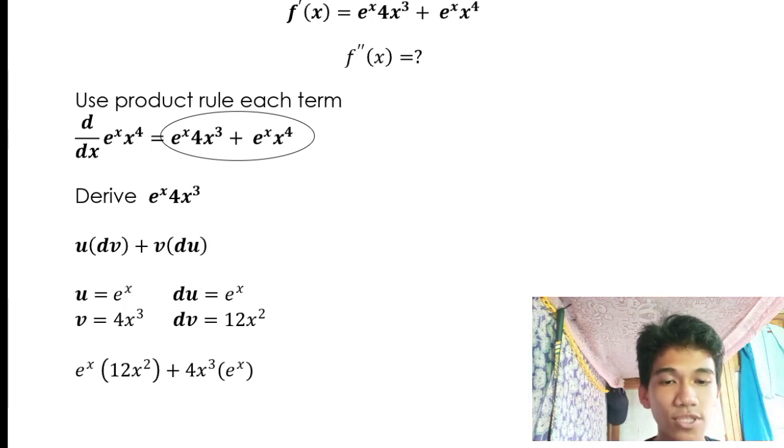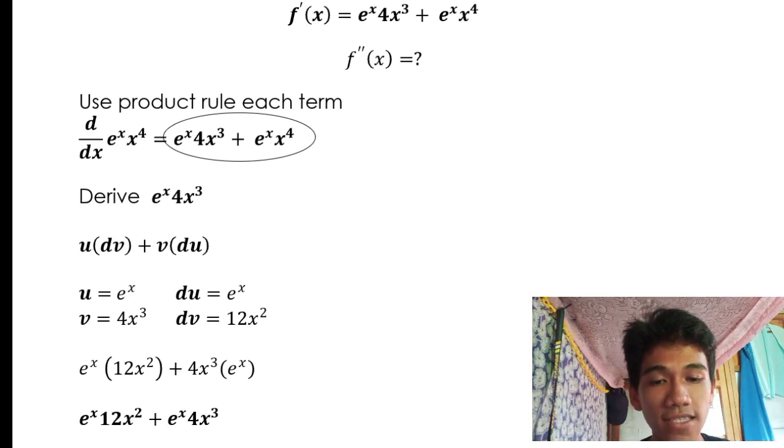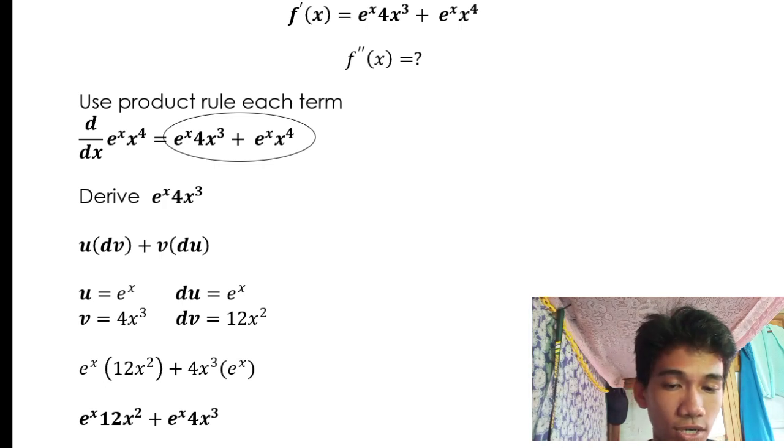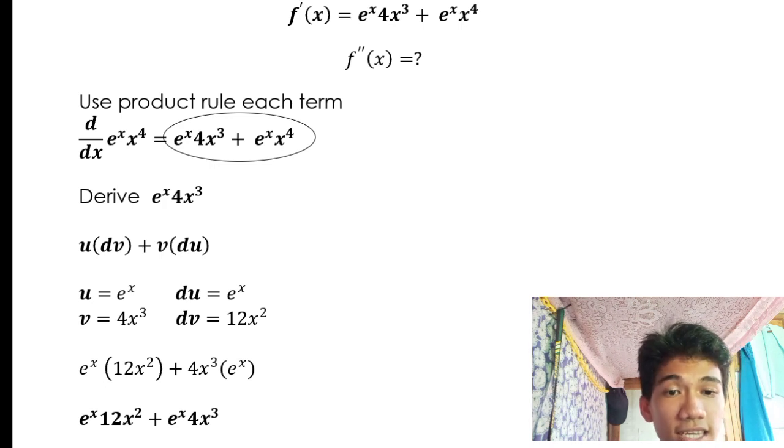Then after that, multiply, so we have e raised to x 12x squared plus e raised to x 4x cubed. So that is the derivative of e raised to x 4x cubed.